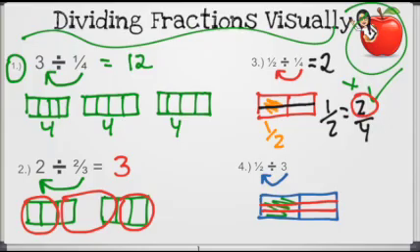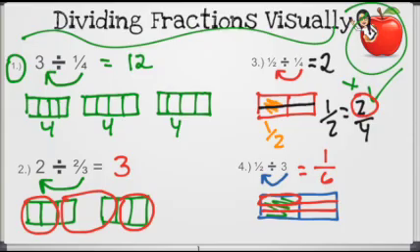So each group, as you can see here, I have a total of 6 parts. And there is 1/6 in each group. Amazing.